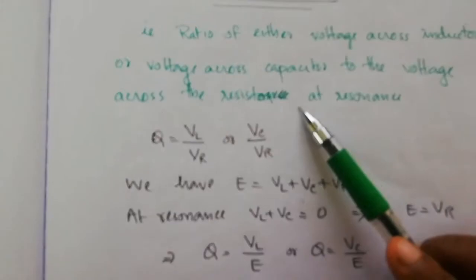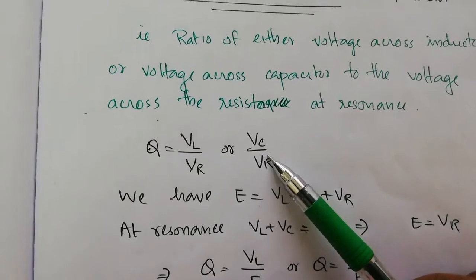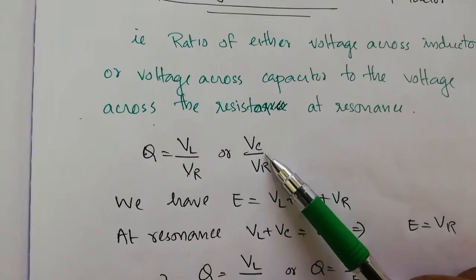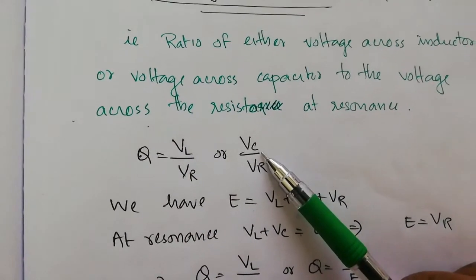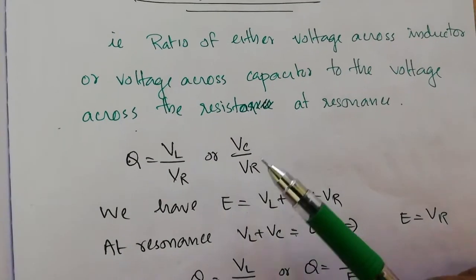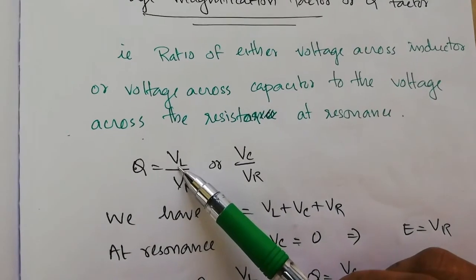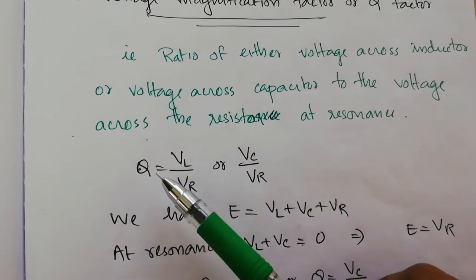At resonance, even though the resultant voltage across the inductance and capacitance becomes 0, separately the inductance and the capacitance will be having the magnified value, such as voltage across the inductor equals Q times the applied EMF.